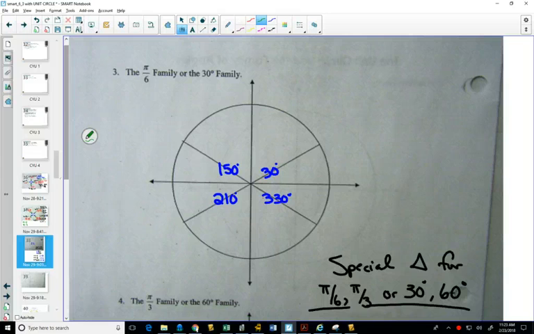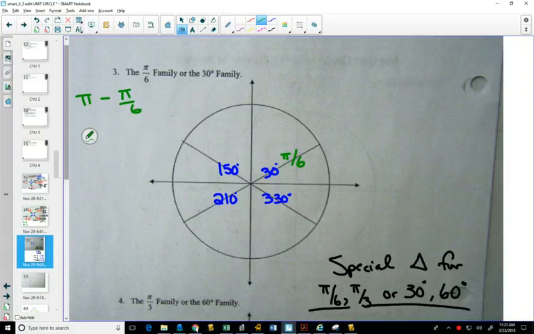Now moving on to radians. 30 degrees is pi over 6. Remember the shortcut for changing from radians to degrees? You can change the pi to 180. What's 180 divided by 6? 30 degrees. Pi over 6. In quadrant 2, you'd have to go pi minus pi over 6.